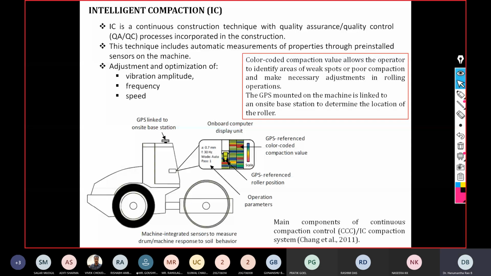Now of late people are developing a variety of equipments which are in fact more interactive.